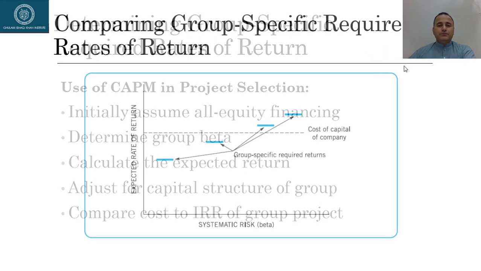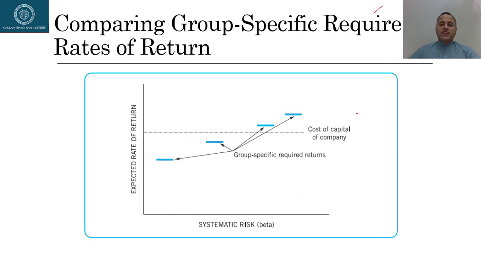For group specific, I'm copying this image from the book. Again, this is the systematic risk, which is beta for the group, and this is the expected return. Some of the groups may be super safe. So this is safe, and this one is more risky. Why is it more risky?